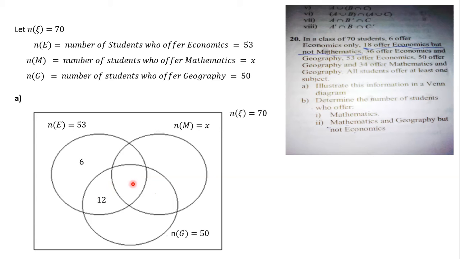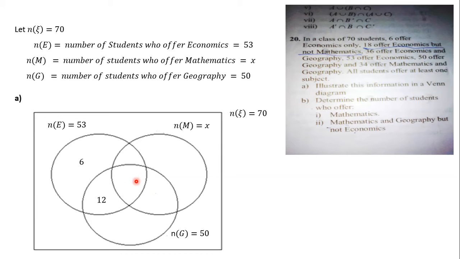And this is the region from here to here. So if I want to get the 36, then it means I have to subtract 12 from 36, so I'll get a number here which, when I add to 12, I'll get 36. I hope you are clear.